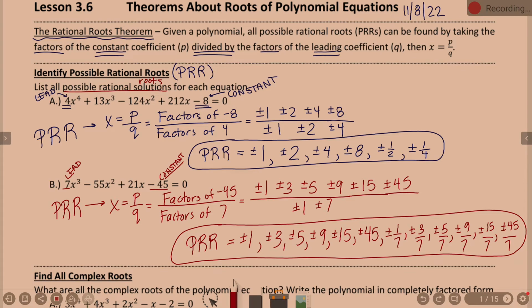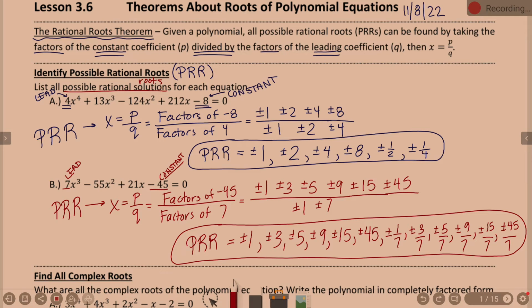Okay, ready for the next part? As you start to look at the next part, notice it says, what are all of the complex roots of the polynomial equation? And then write the polynomial in completely factored form.